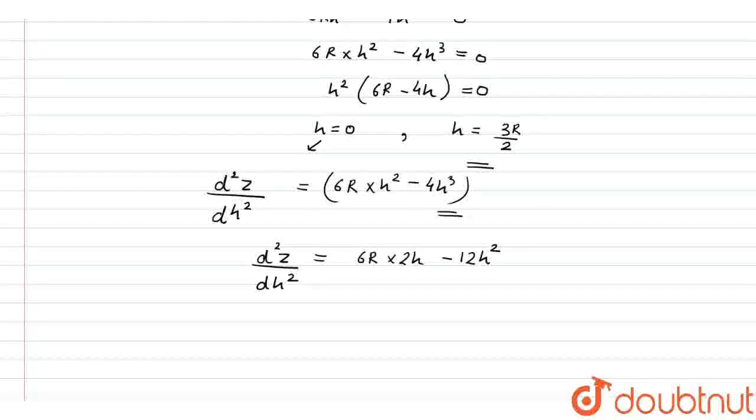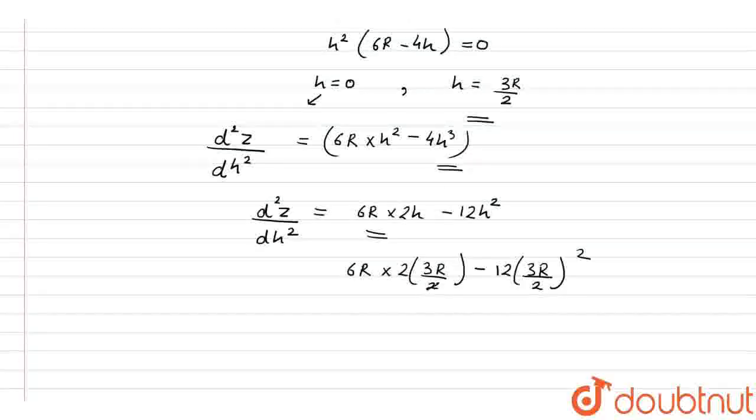After we get the value of double differentiation, we'll put the value of h in this. After putting the value of h, we get 6 into r into 2 into 3r divided by 2, minus 12 into 3r divided by 2 whole square. This 2 will get cancelled to this 2.